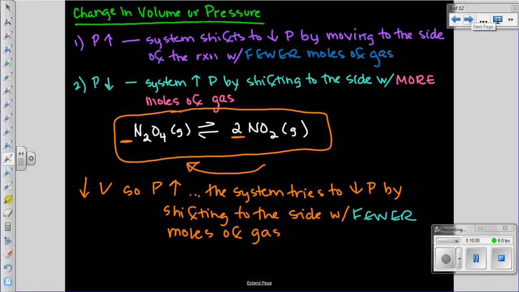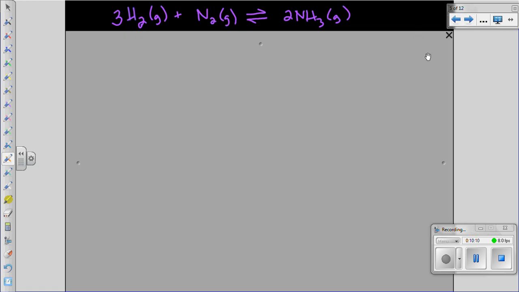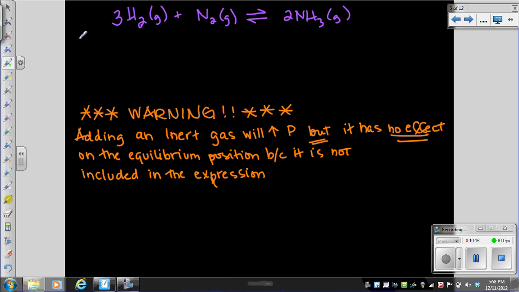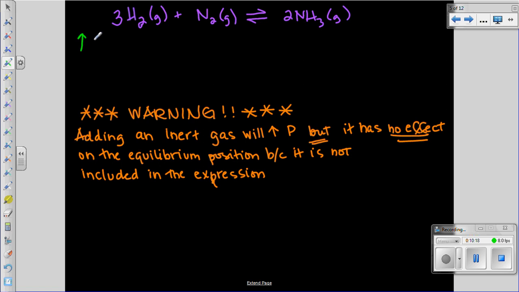Now let's look at what happens when we increase volume. In this equilibrium, we're going to increase the volume of the container, which will cause a decrease in pressure. That decrease in pressure is a stress on the system.